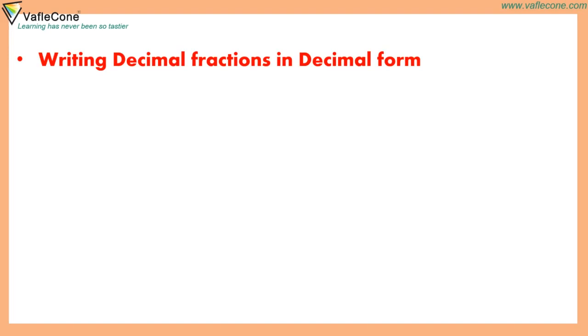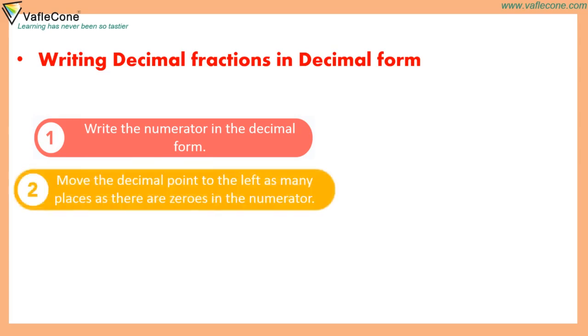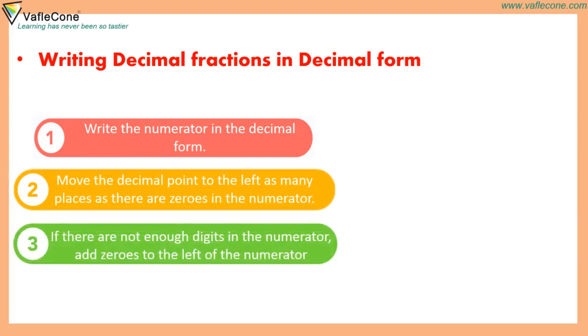Writing decimal fractions in decimal form. Write the numerator in decimal form. Move the decimal point to the left as many places as there are zeros in the denominator. If there are not enough digits in the numerator, add zeros to the left of the numerator.